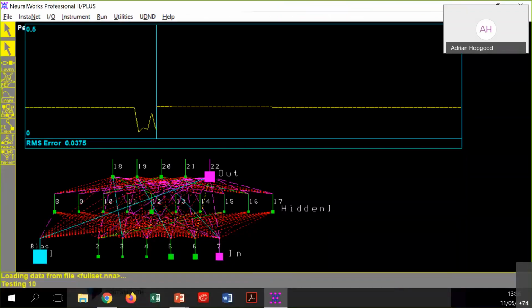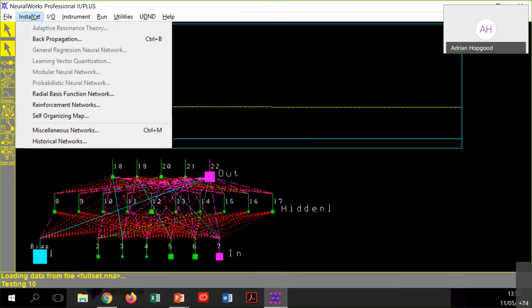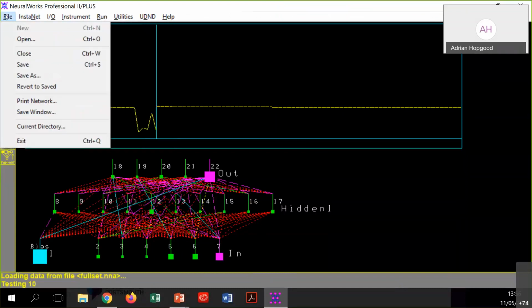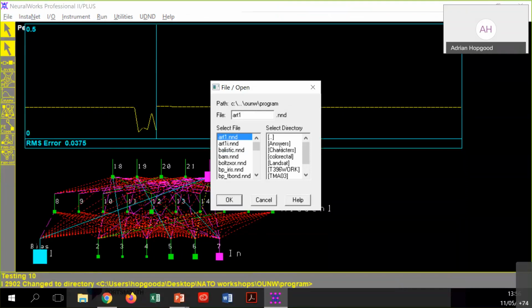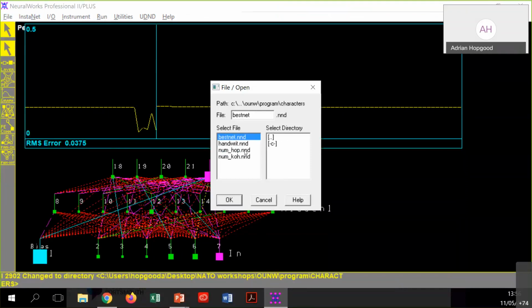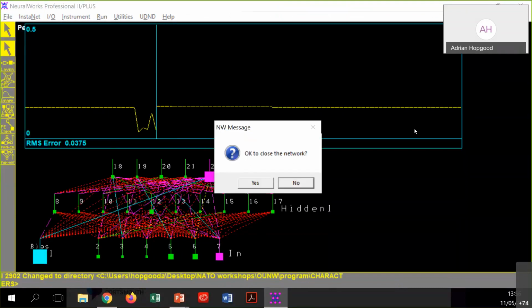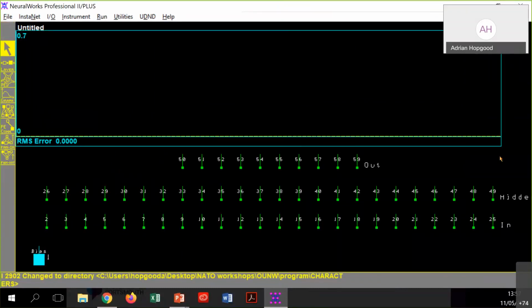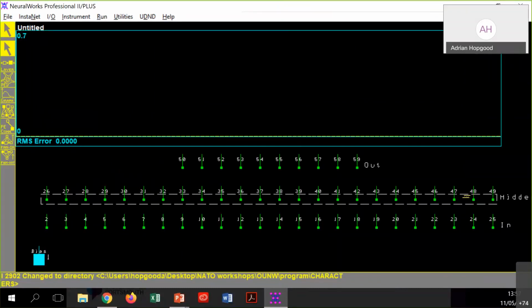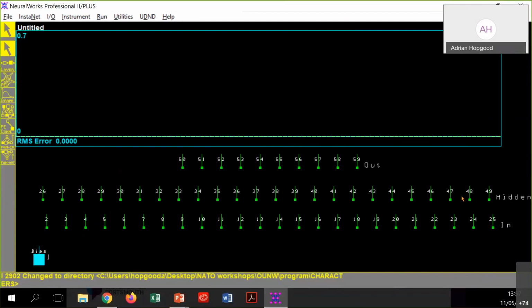I'm going to open up a different network now. Okay, so we've got this very similar to what we saw before. Exactly the same structure as before.